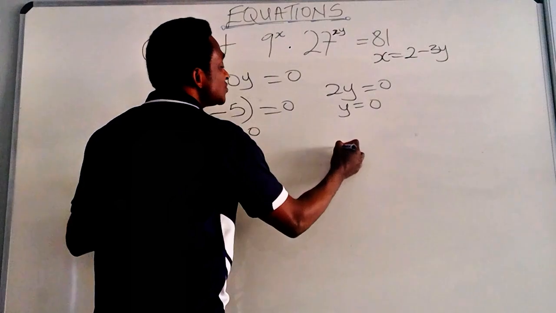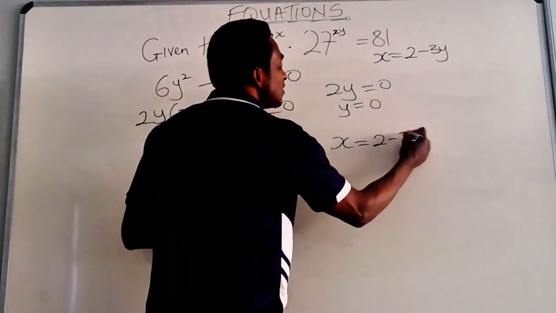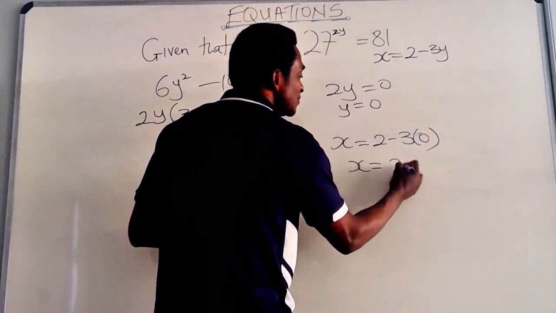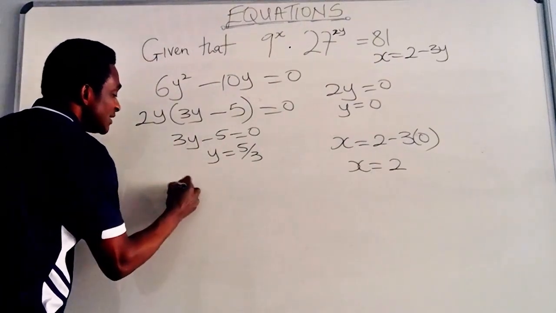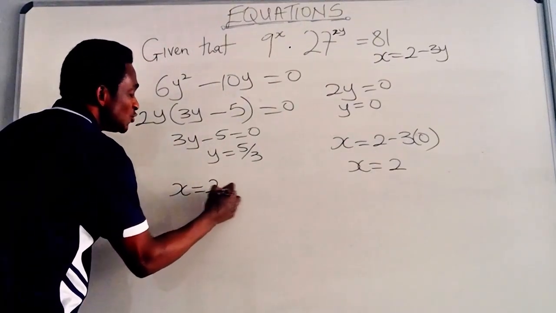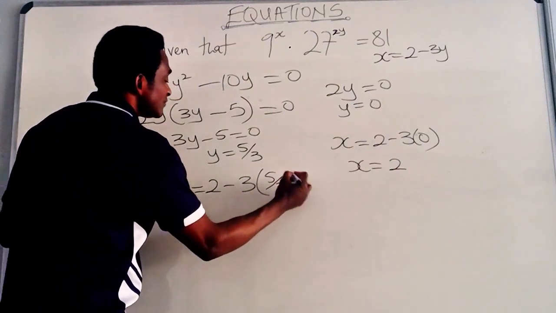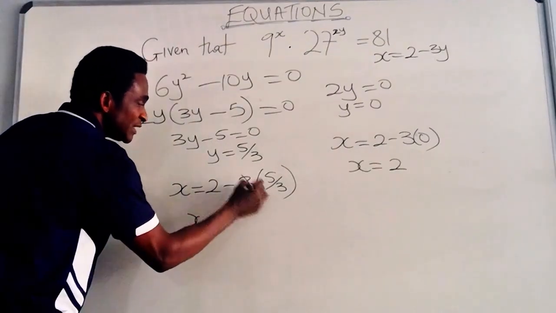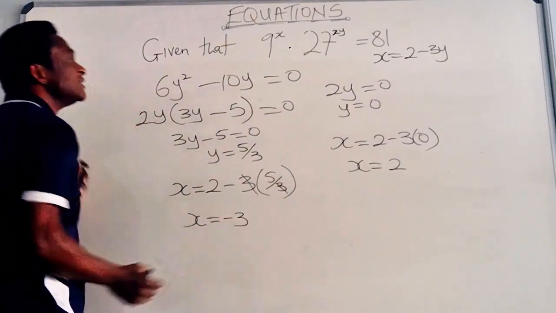When y equals 0, x will equal 2 minus 3 times 0, so x will be 2. If y equals 5 over 3, then x will be 2 minus 3 into 5 over 3. The 3 will cancel out, so you have 2 minus 5, which is negative 3.